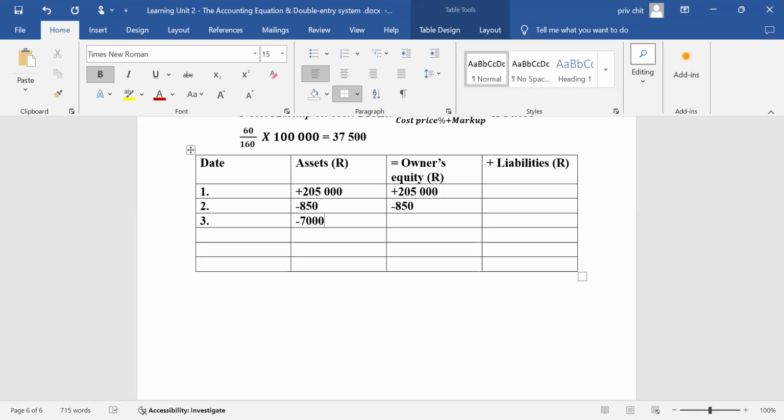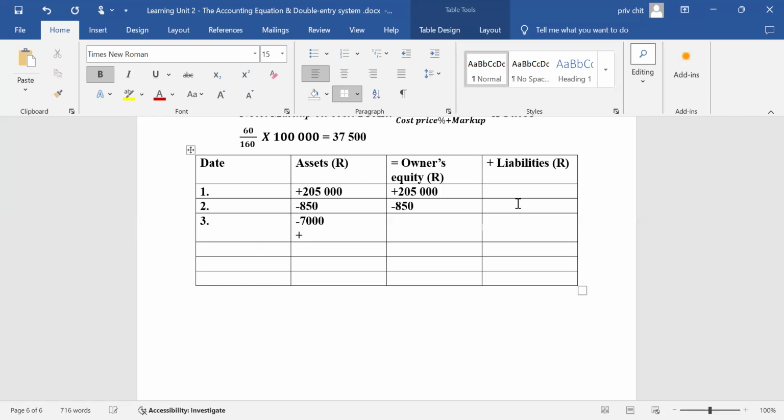Let's look at what inventory system they are using: the perpetual inventory system. With the perpetual inventory system, we are going to be dealing with inventory, not purchases. Because we are paying 7,000 to buy trading inventory, what is inventory by nature? It's an asset. What is happening to the inventory, is it increasing or decreasing? It's increasing.